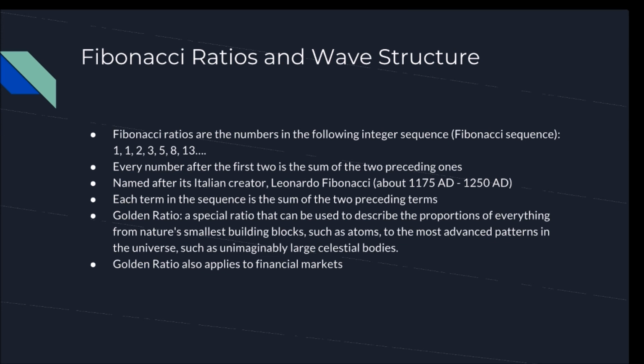Golden ratio. A special ratio that can be used to describe the proportions of everything from nature's smallest building blocks, such as atoms, to the most advanced patterns in the universe, such as unimaginably large celestial bodies. And the golden ratio also applies to the financial markets.